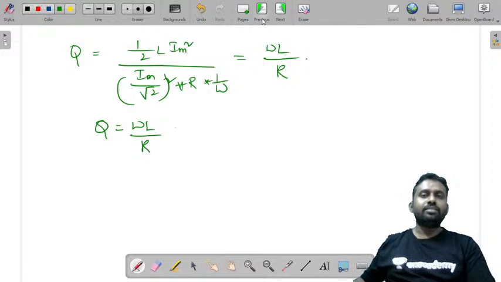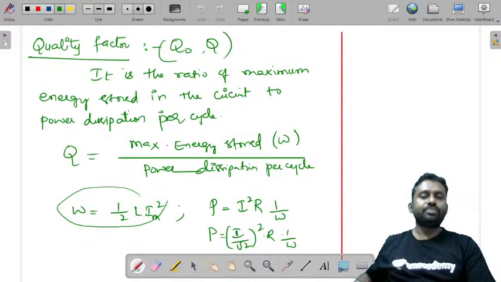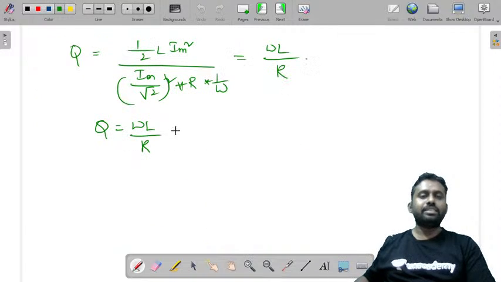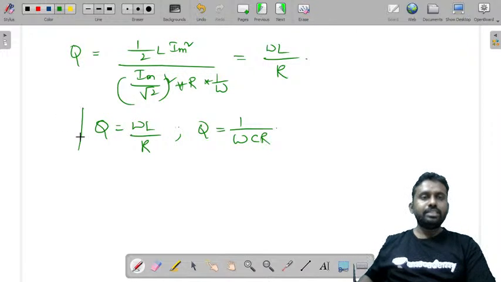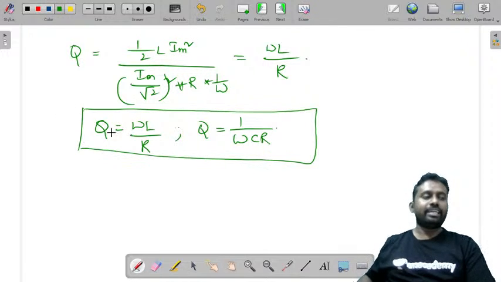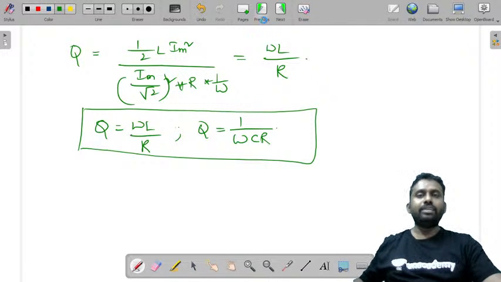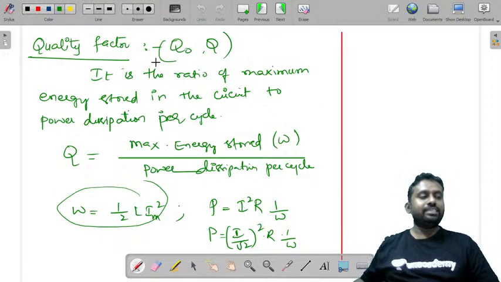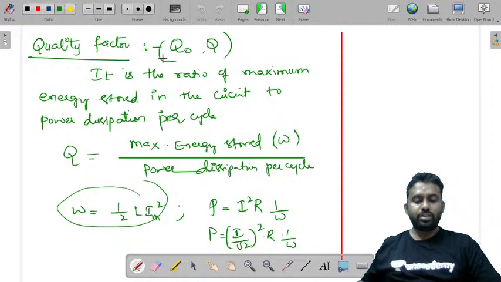This is with the inductor energy. If you substitute the capacitor energy, you'll also get quality factor is equal to 1 by omega CR. So this is the expression for quality factor. Once again, quality factor is the ratio of maximum energy stored in the circuit to the power dissipated per cycle.